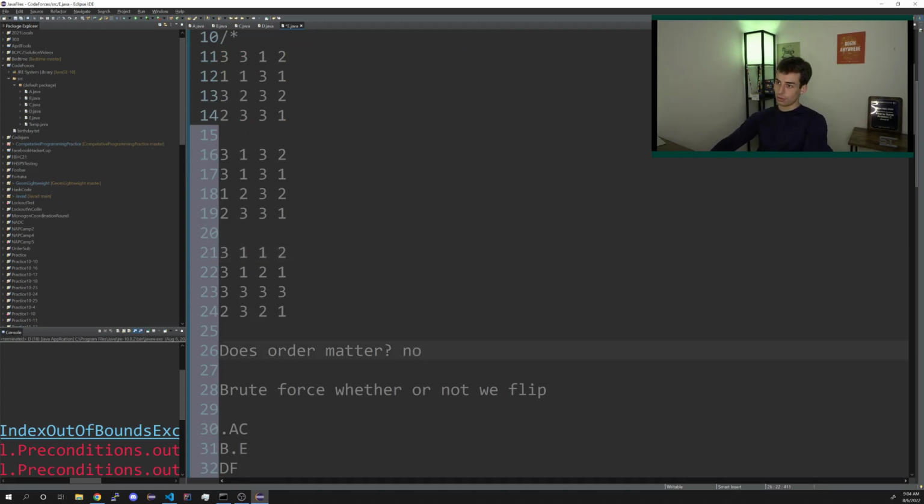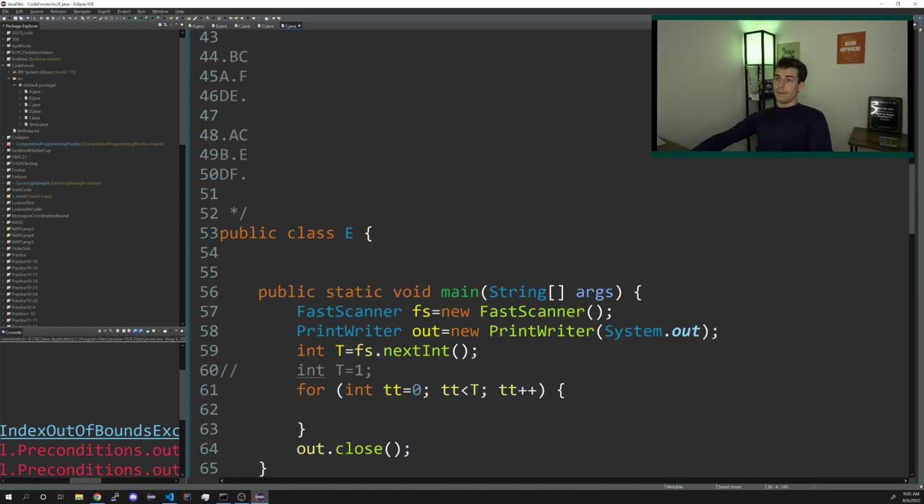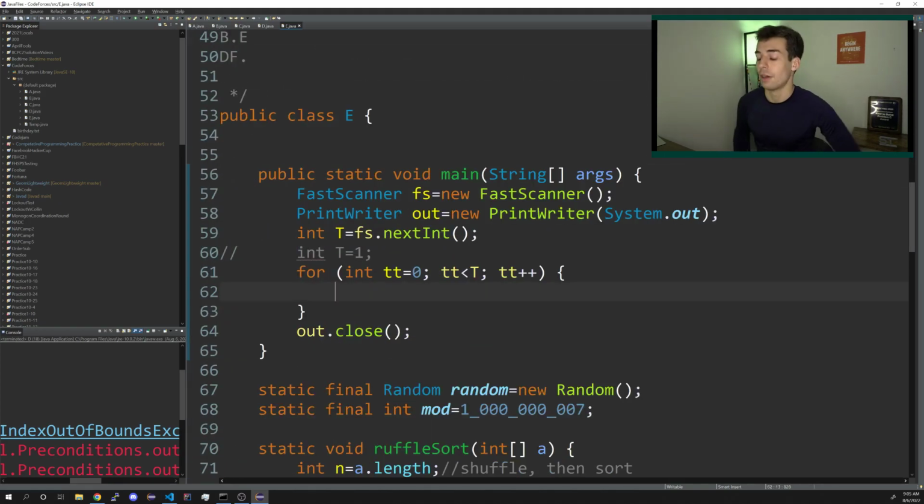So brute force whether or not we flip the top left, and then all others are decided. Then iterate through column by column on top left. Okay, we can get this very easily.